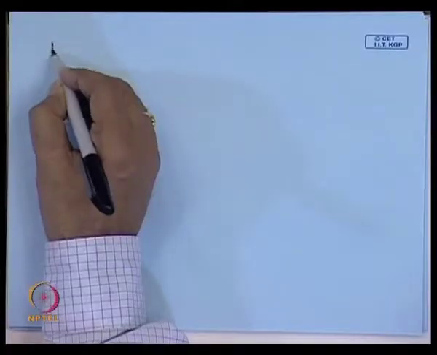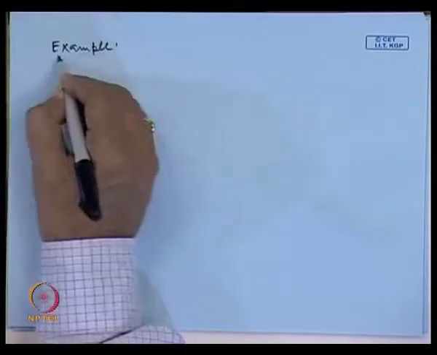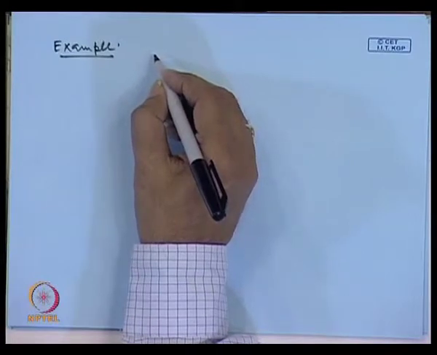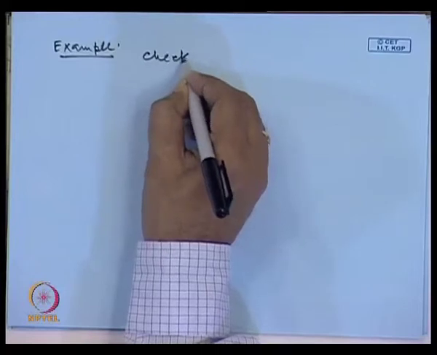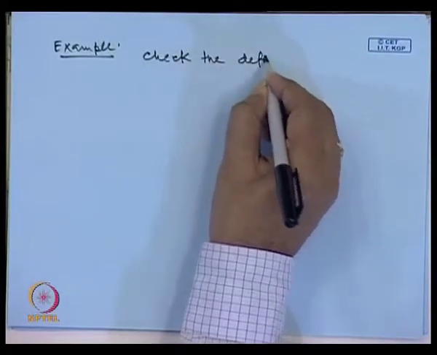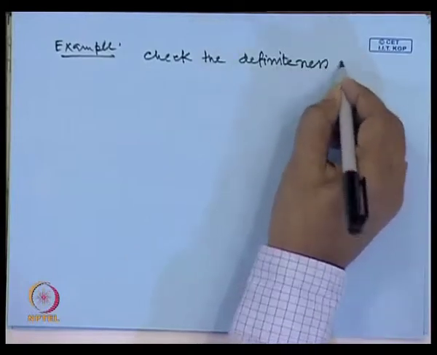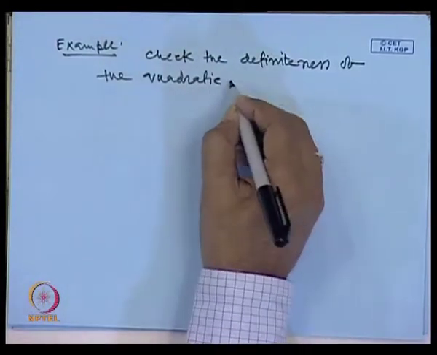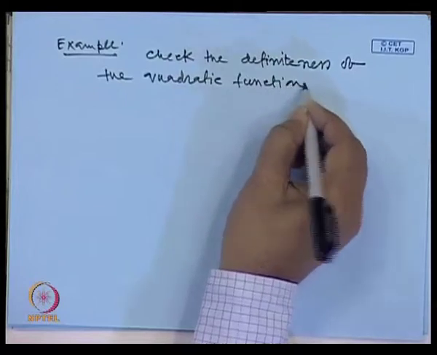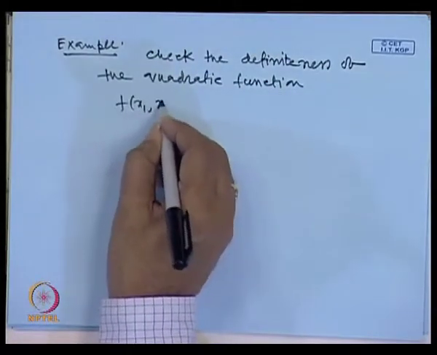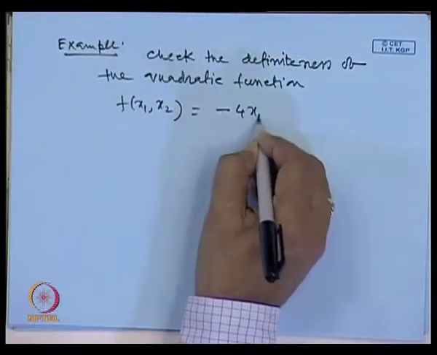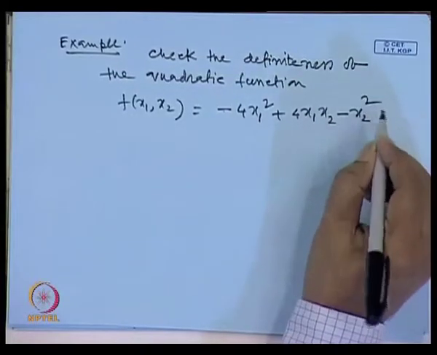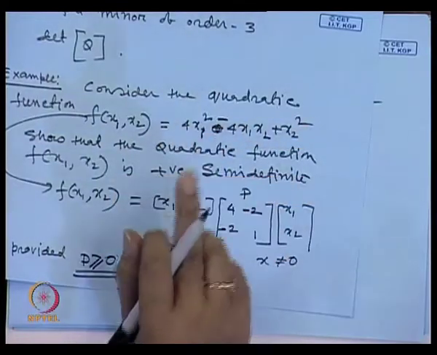So please check the definiteness of the quadratic function f of x1, x2 equals minus 4 x1 squared plus 4 x1 x2 minus x2 squared.